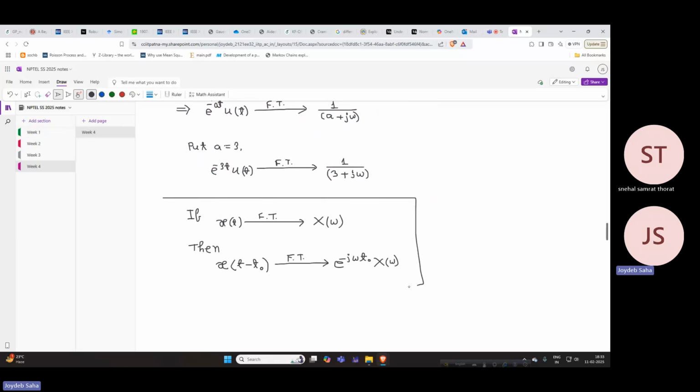This is the time shifting property, and we will use this here.